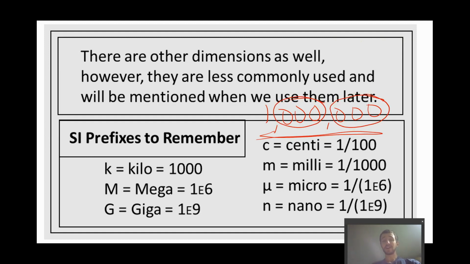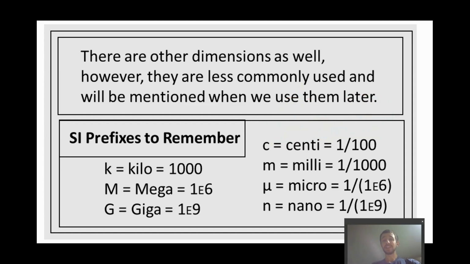That just makes it easier to talk about things, because I can read out some giant number, 98,436,532 pounds. Or I can say 98 megapounds, and I'm done. Mega makes it easier. Mega means million.